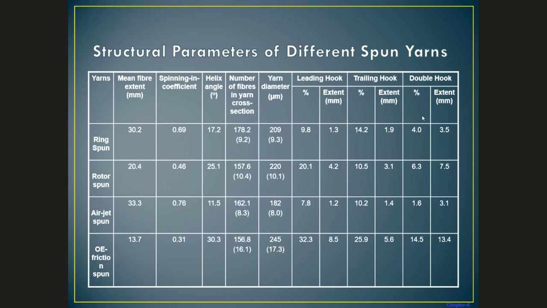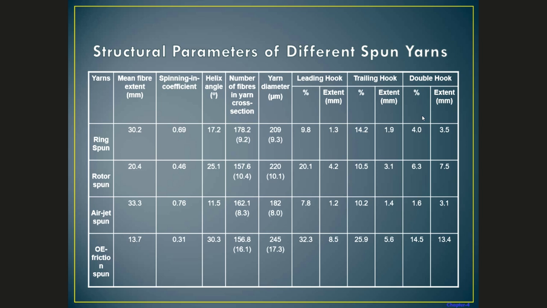But the moment we see the average extent value of hook, in the case of ring yarn it is 1.3, rotor yarn is 4.2, air jet yarn is 1.2, and here it is 8.5. So again air jet yarn is giving you lesser hook extent, followed by ring, rotor, and draft.